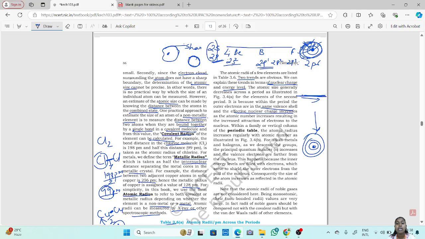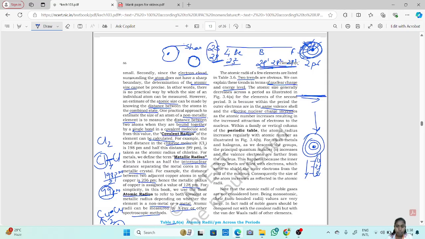Here, only the same shell is there; we are adding electrons to the same shell. Here we are adding electrons to different shells, because as we go down we are increasing the periods, right? So the first period has 1s, the second period has 2s, the third period has 3s. So as we go down, we are increasing the energy levels, and we are increasing the number of orbitals that are being added.